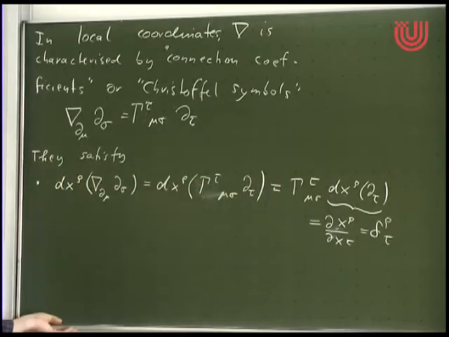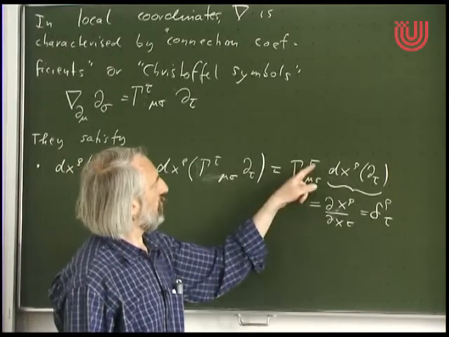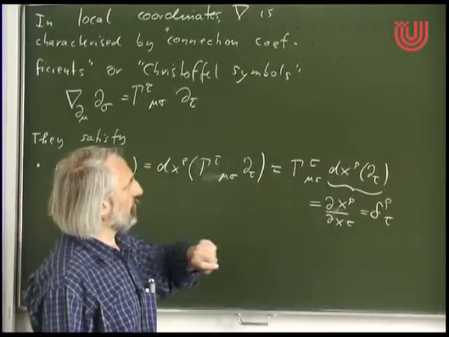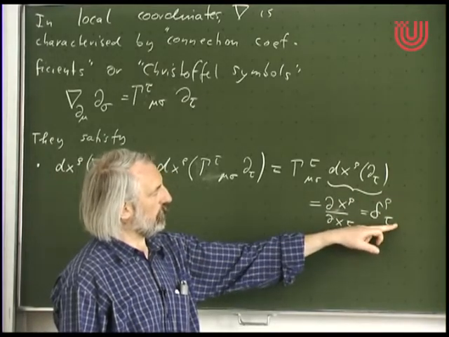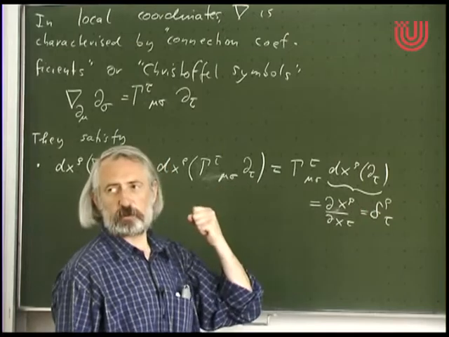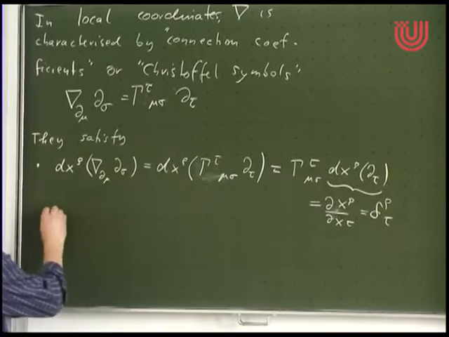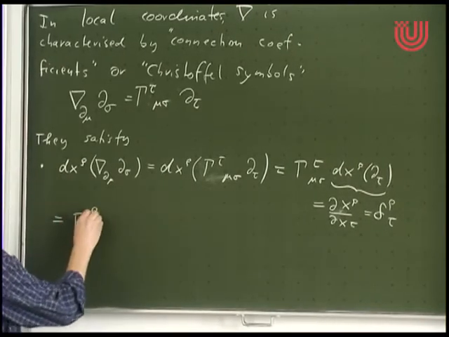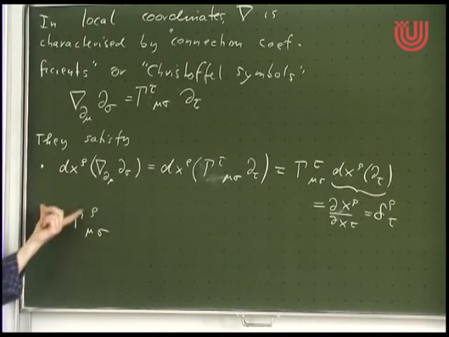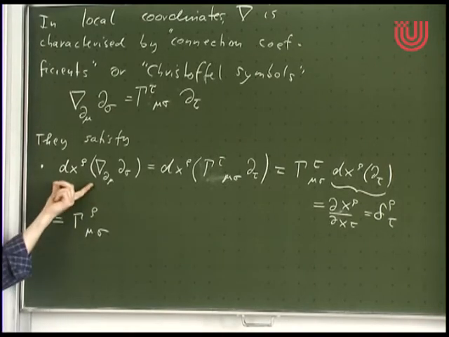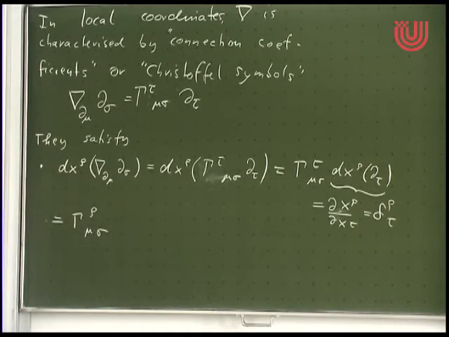So I can carry out the sum over tau. It just means that I have to replace the index tau by rho. Multiplying with the Kronecker and then summing over one of the indices picks out one term of the sum, precisely the term given by this index. So the result is gamma rho mu sigma. If you like, you can also define the gammas by this equation. You can view either this equation or this equation as a definition of the gammas. It's equivalent.